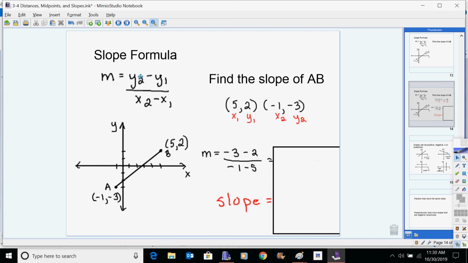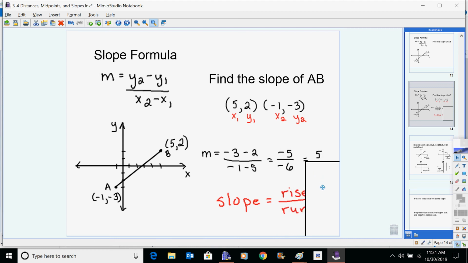Once they're labeled, use the formula exactly. There is a common mistake that people make, and either reverse the x's and y's or kind of randomize the order, so do be careful. So -3 minus 2, watch out for your positives and negatives. That gives you -5 over -6, which gives you 5 over 6.